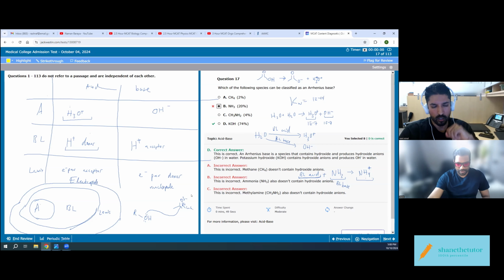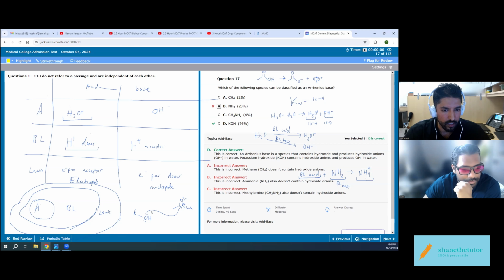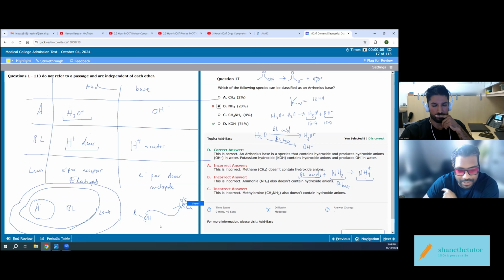Got it. Not to go on a tangent, but would this be an SN2 reaction, like a one-step thing? Yep. It'll make a bond with this, momentarily moving these electrons from the double bond to the oxygen.